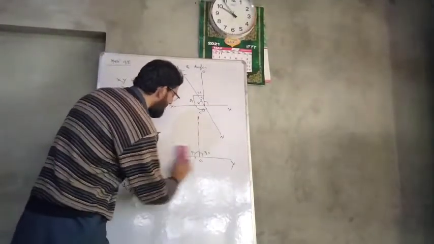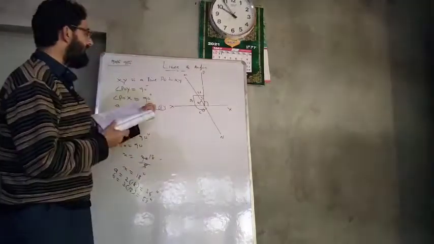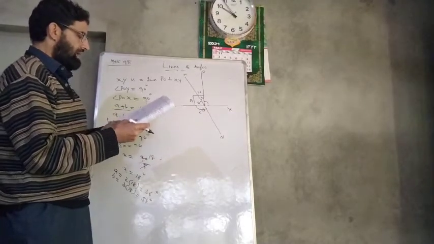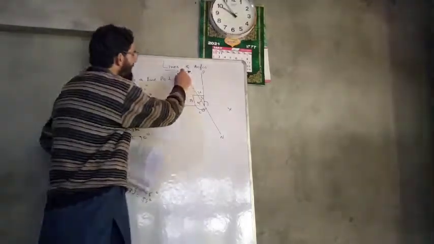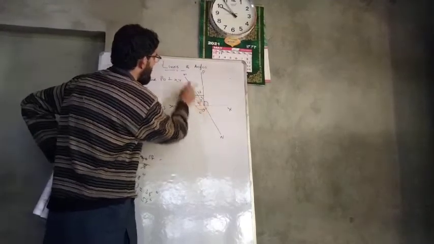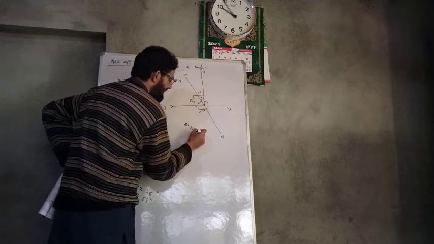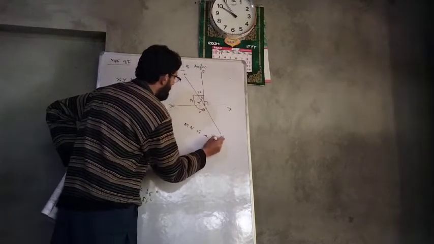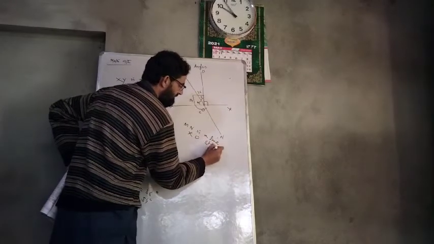Now one more angle we have to find, the measure of angle C. So what is the measure of angle C? Now see, MN is a straight line. MN is a line segment and XO stands on it.